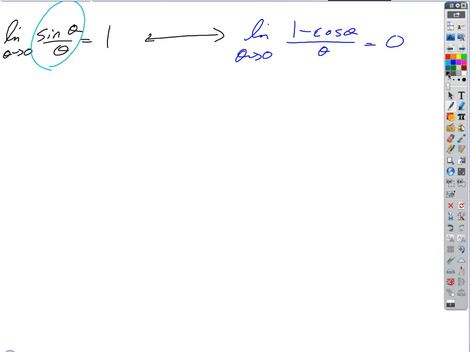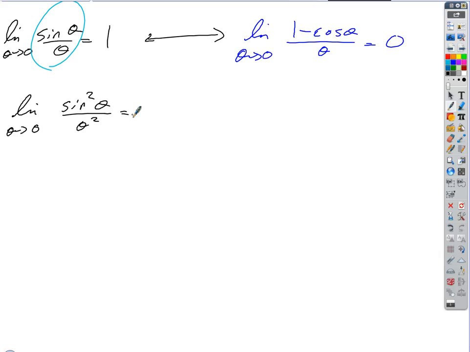What if we said this would be true? If the limit of sine theta over theta equals 1 as theta approaches 0, then the limit of sine theta over theta squared must also equal 1. So we could say the limit of sine squared theta over theta squared as theta approaches 0 still equals 1.